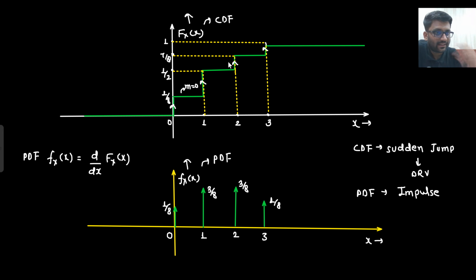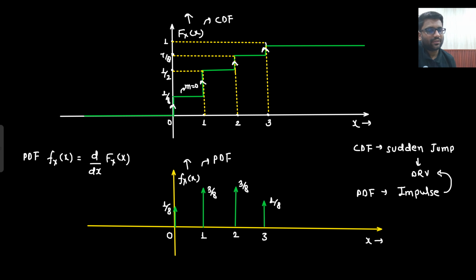Because if you differentiate the sudden jump, what do you get? You get impulse. So in your CDF if there is sudden jump, or in your PDF if there is impulse, that means it is discrete random variable. And if the graph is continuous, then it is continuous random variable.